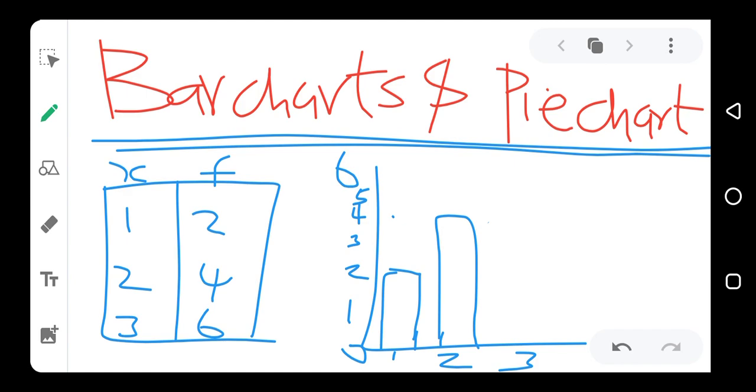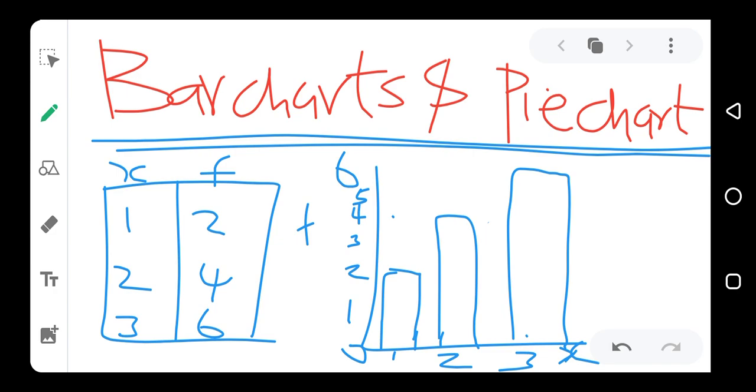So this is the frequency, and this is our x-axis, or the values. The frequency is representing the height of the bars, while the x-axis is representing the data given to us.